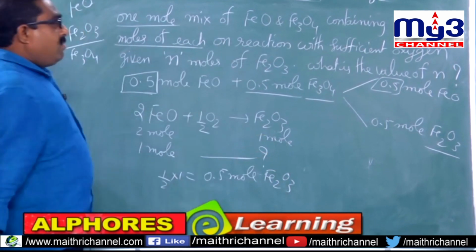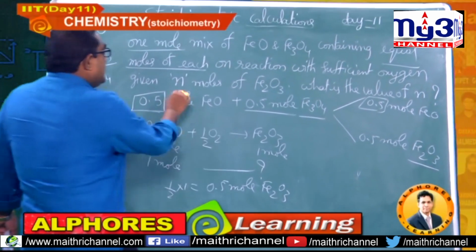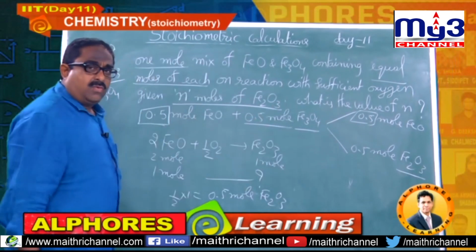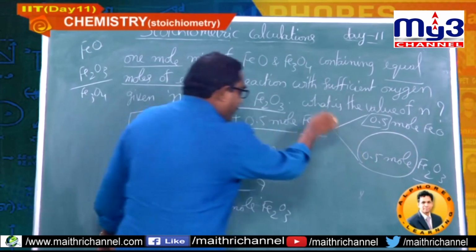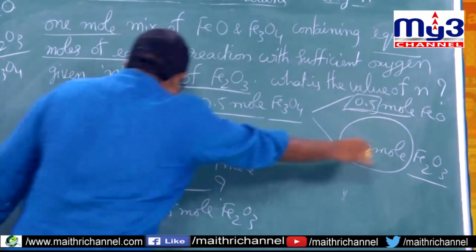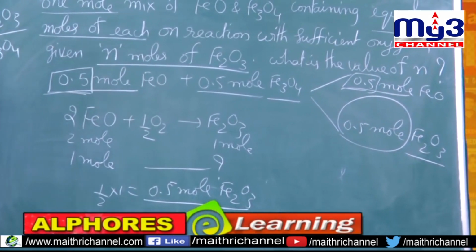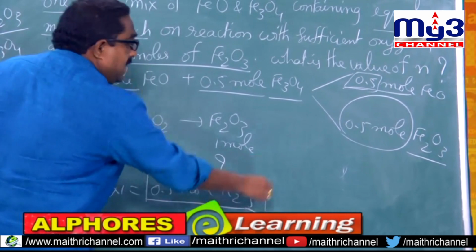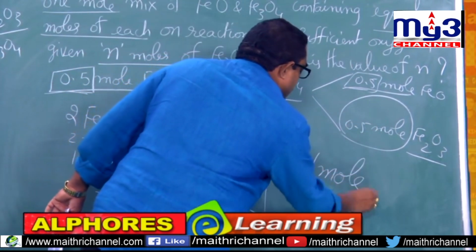Fe2O3. Now, look at the question. What exactly is he asking? He is asking for the moles of Fe2O3 obtained. Already originally it is 0.5 mole, and this ferrous oxide also will change into 0.5 mole of Fe2O3. This 0.5 and this 0.5 total, our answer is 1 mole.